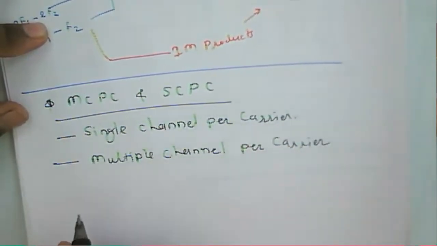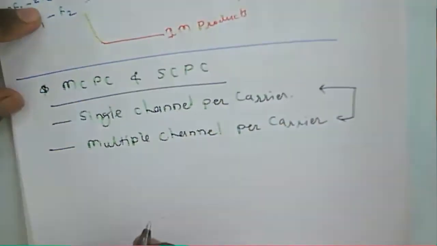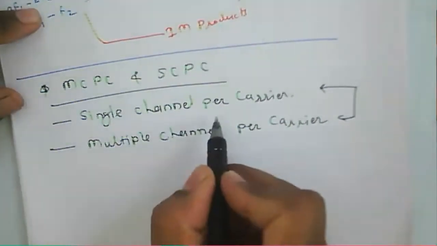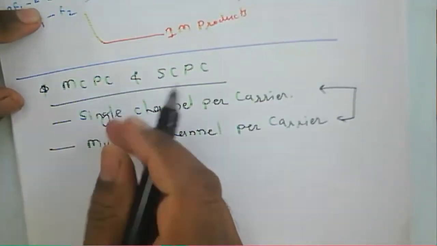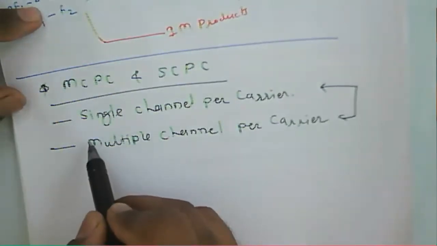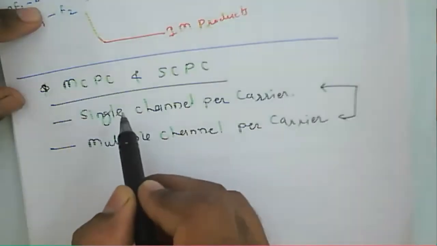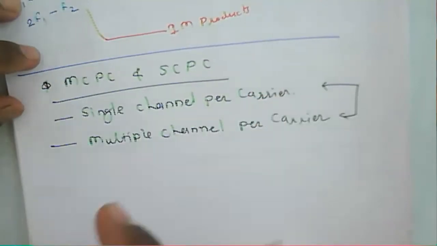Now there are two carrier systems used in FDMA: single channel per carrier or multiple channel per carrier, with a single signal in each carrier or a multiplex signal in the carrier.